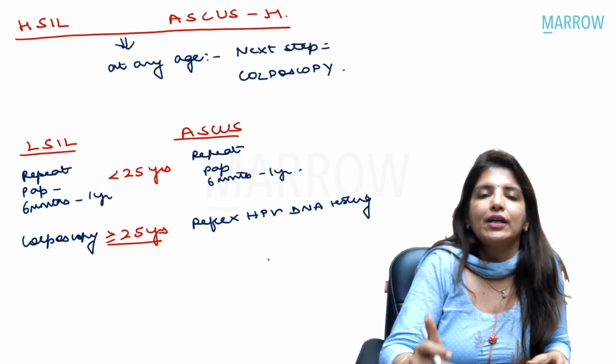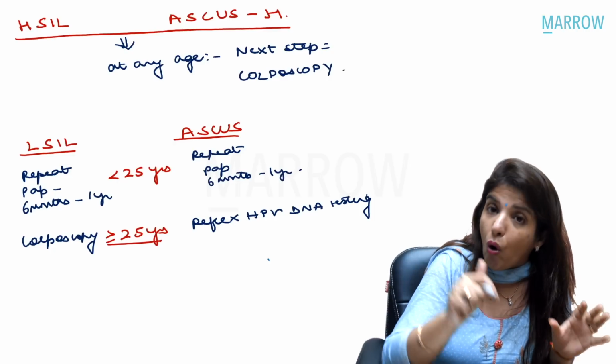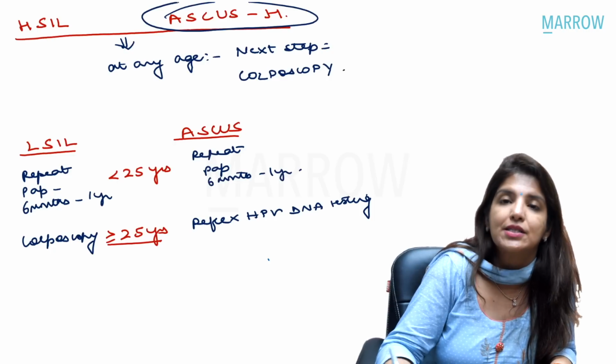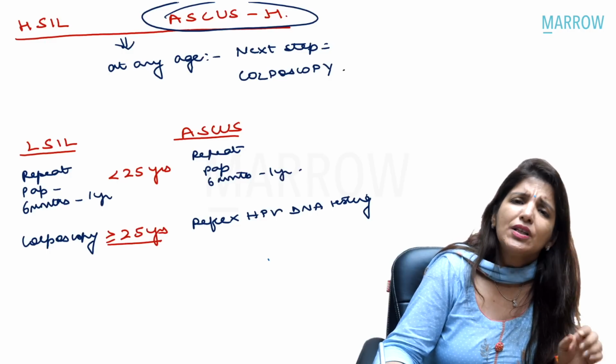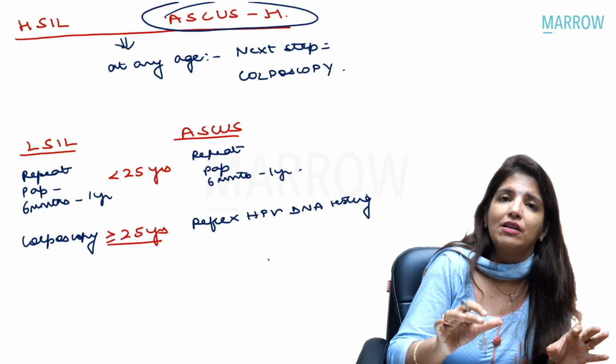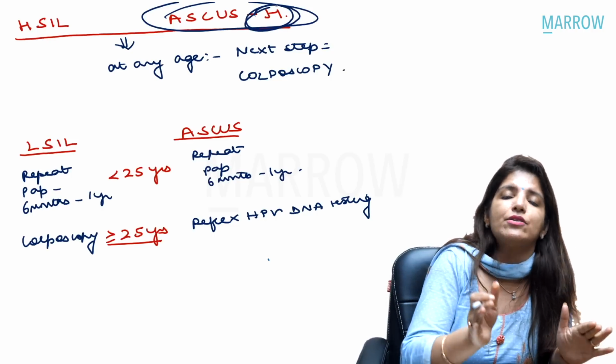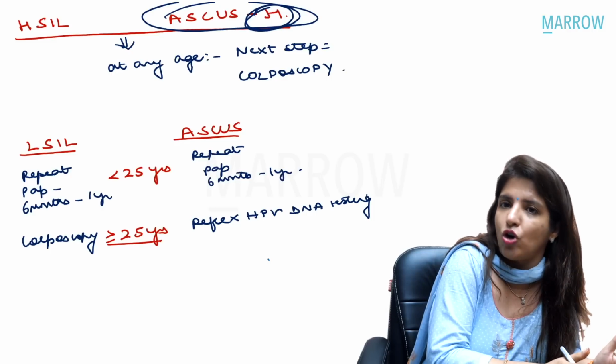So if report comes as HSIL, which is high squamous intraepithelial lesion, or if report comes as ASC-USH. ASC-USH means atypical squamous cells of unknown significance, where H cannot be ruled out, where high squamous intraepithelial lesions cannot be ruled out.